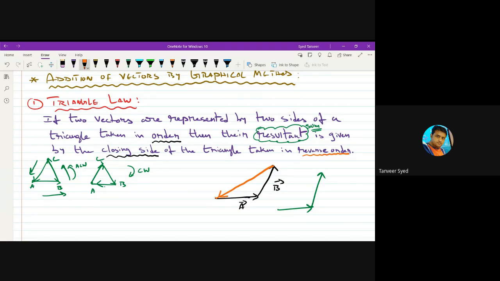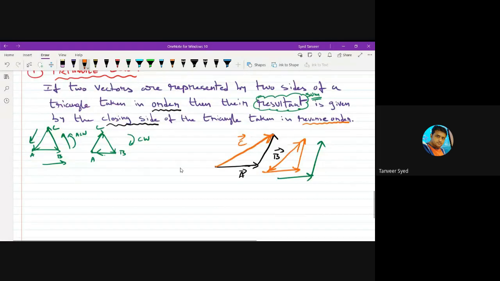You can have this either in this direction or in this direction. But here it should be taken in reverse order. You have followed one order while showing A and B. If you go in the same order, it will be this. But we should go in the reverse order. Therefore, it will be this. This is the resultant of A and B.